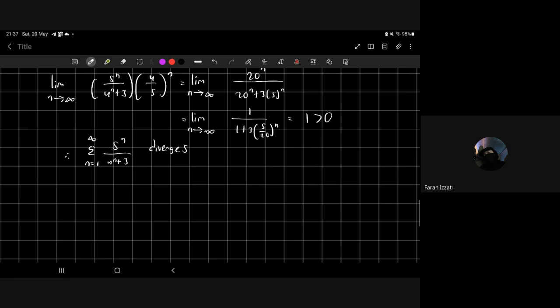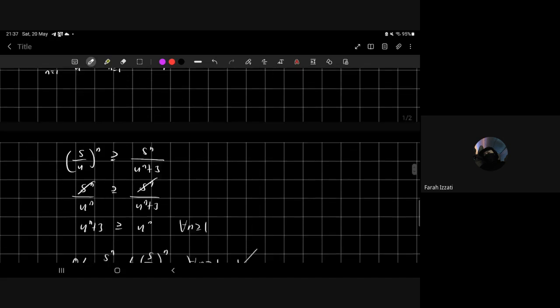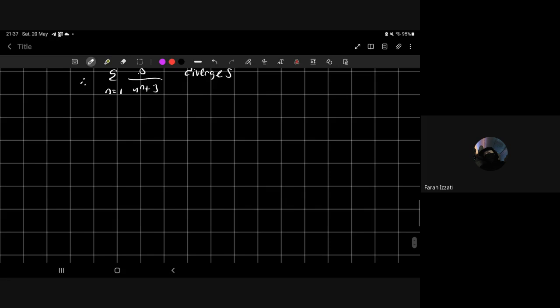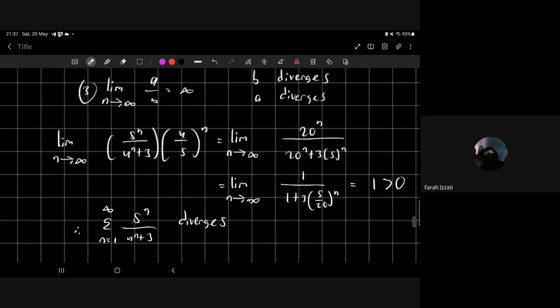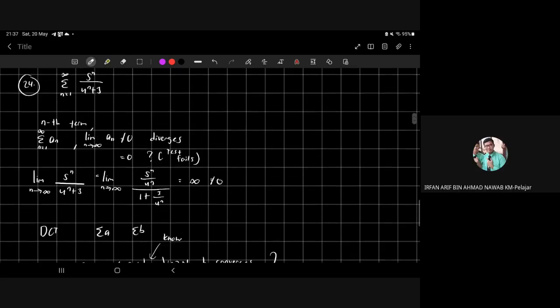For number 24, there are two ways to do it. I think it diverges, right? I believe it diverges. That's what I did for 24. Since I cannot use the integral test, I think how you did it was the nth term test, where you find the limit of the sequence a subscript n.